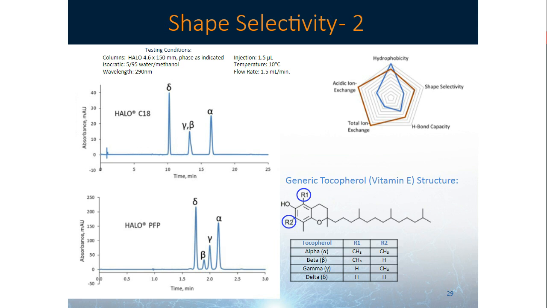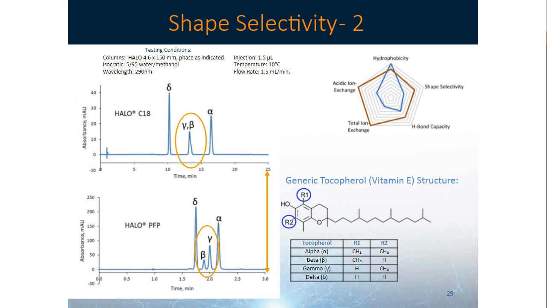So in terms of the separation on the C18 column, you can see that the gamma and beta versions, which just depend on where there's a methyl group, aren't resolved on the Halo C18, whereas they are resolved on the Halo PFP column.